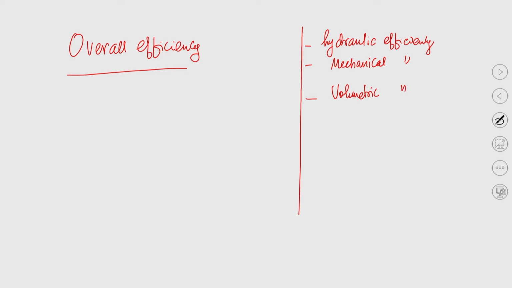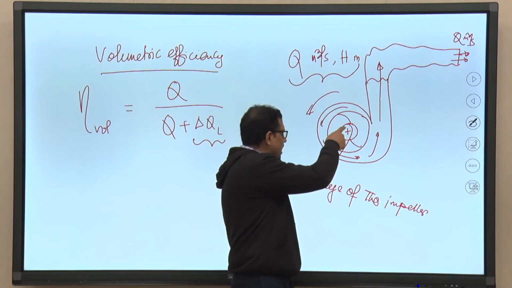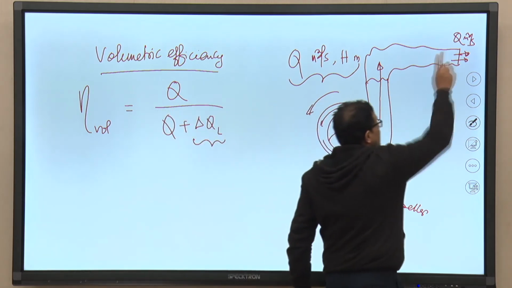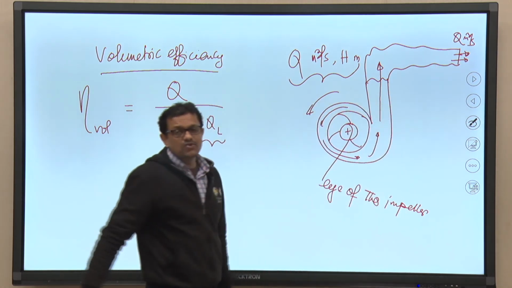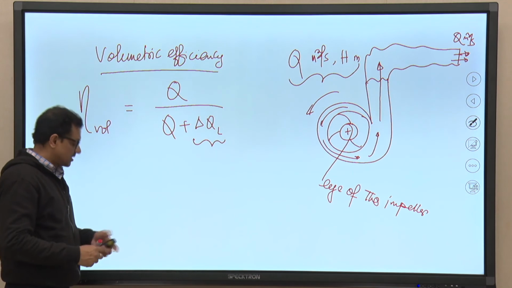Now, if we go back to the previous slide, this is known as the eye of the impeller. The quantity which is entering the eye of the impeller is Q plus delta QL, but the quantity which you are getting at the outlet is Q. So, these two quantities are not the same. The ratio between these two quantities is known as the volumetric efficiency.